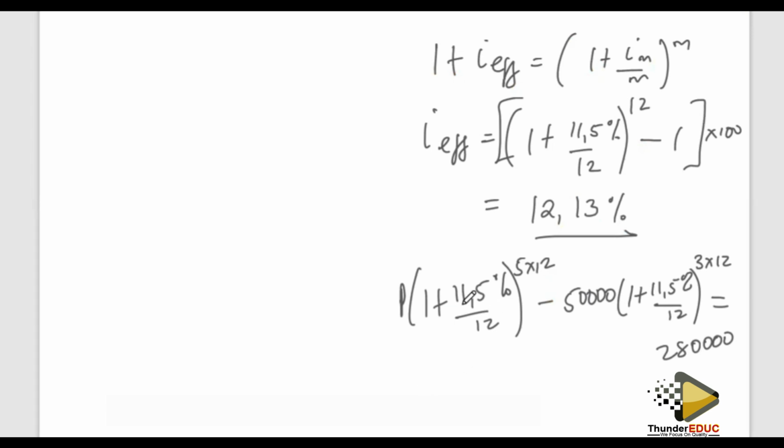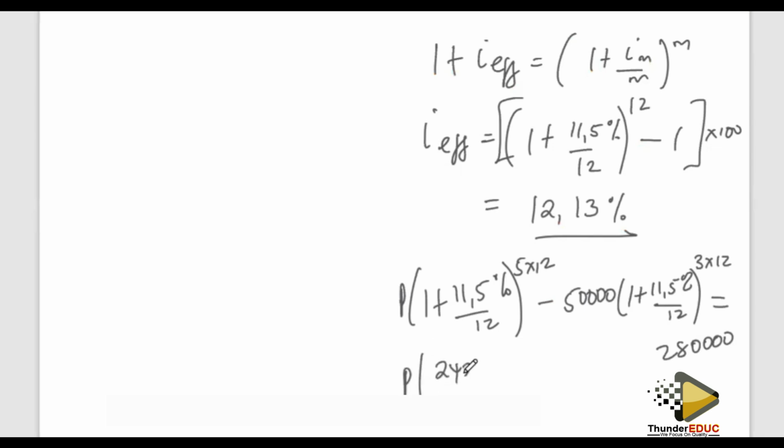So when I simplify this first part, what's 1 plus 11.5% over 12? It's giving me some big numbers, but let me use the fraction.